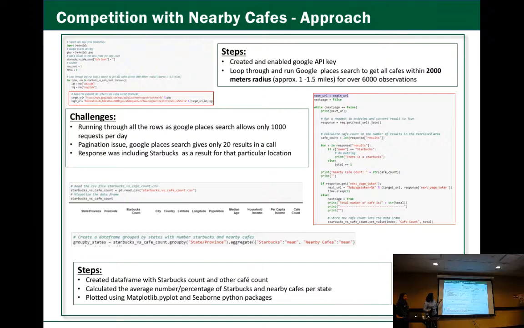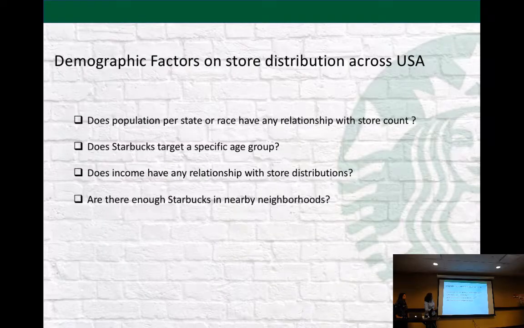We solved that, and then we found that it was giving us all the Starbucks stores in itself. So this last one is the code we followed to solve the pagination and to remove the Starbucks from there. And we got a data frame, and from there we did our other analysis.